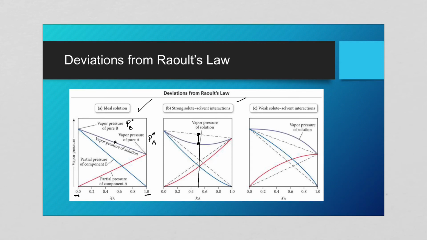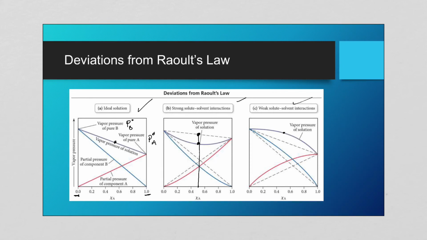If you have very weak interactions, you get a positive deviation, meaning you actually get more vaporization than what you would see if you had the pure materials. So this is a case where you have weaker interactions than what you have in the pure material, so you get higher than expected vapor pressures. These we don't see too often, or we don't look at them too often.